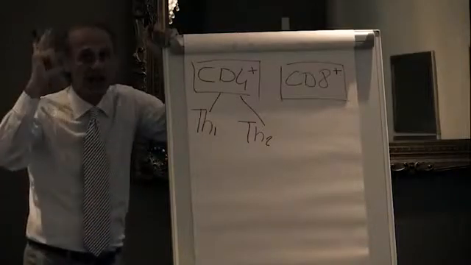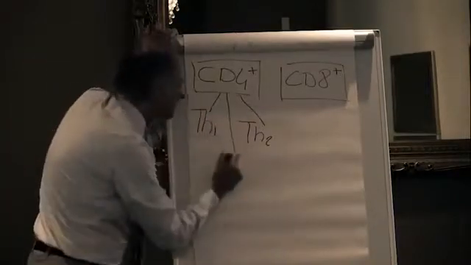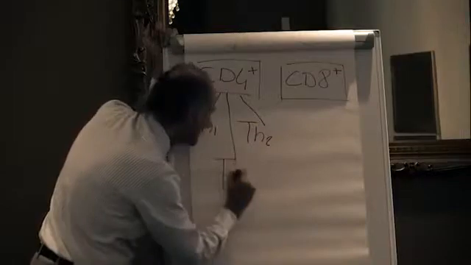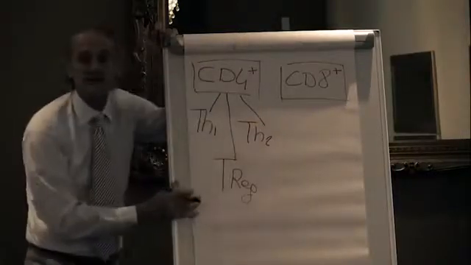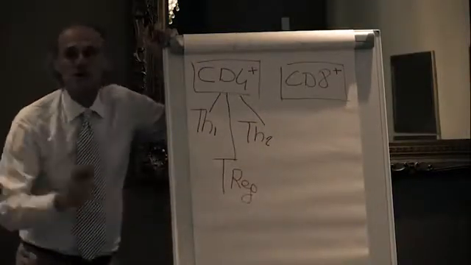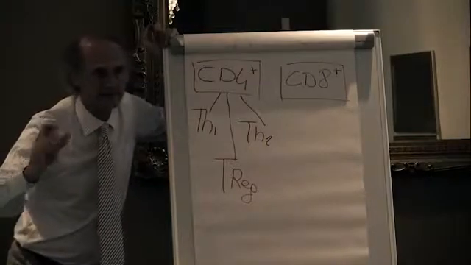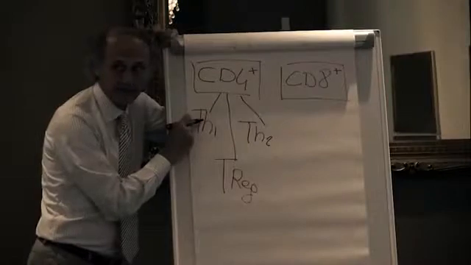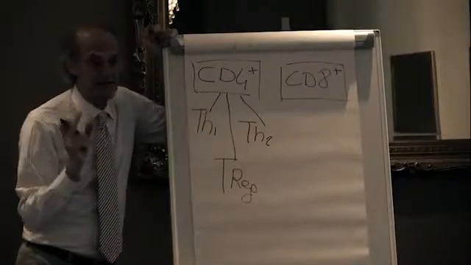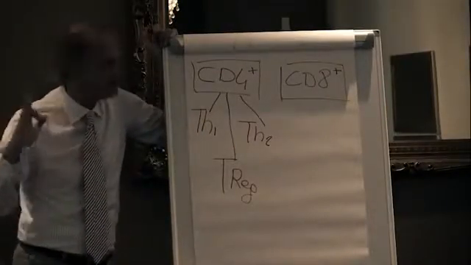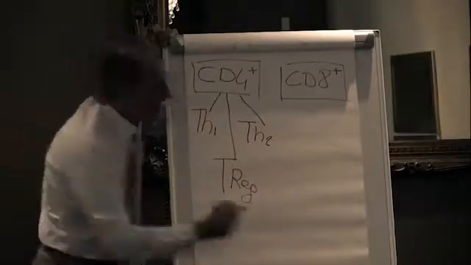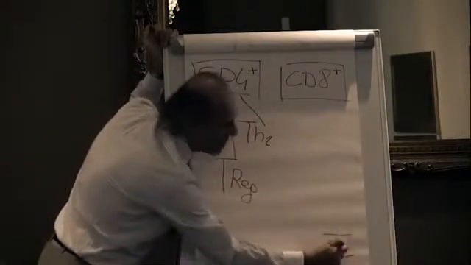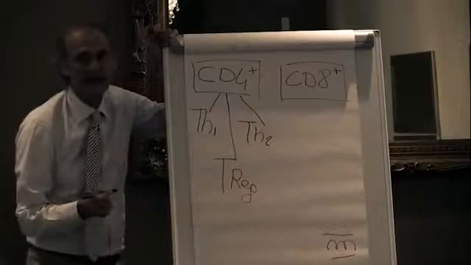We differentiate also Treg. They are responsible of immune tolerance. Th1, they are responsible of cell-mediated immune response if expressed in a homeostatic quantity.